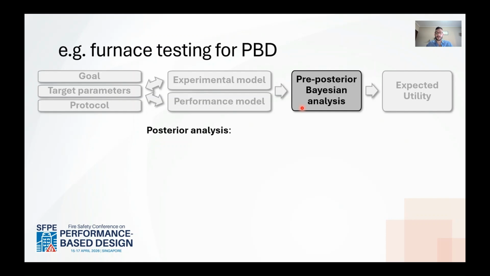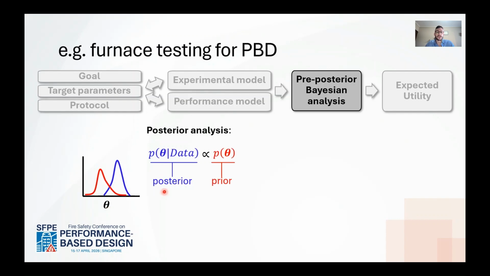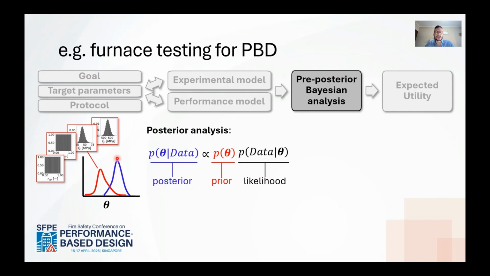Bayes' theorem can be formulated as follows. It tells us that the posterior distribution of our uncertain parameters conditioned on the data we observe is proportional to the product between the prior distribution, meaning our prior knowledge on these parameters, which is represented by the distributions that we defined in the beginning, multiplied by the likelihood, which is the probability of observing the data conditioned on the uncertain parameters.